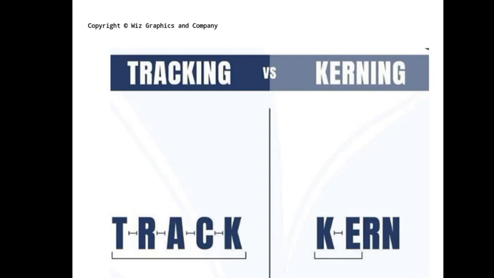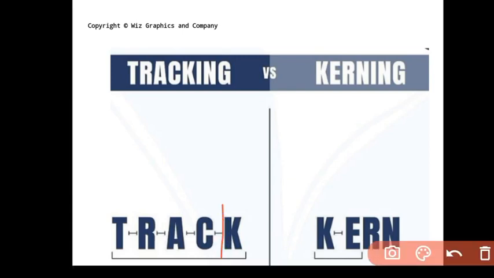The tracking space has to do with space in between the fonts, while this one here has to do with just a space between them. Also for the tracking, it does not just end here.